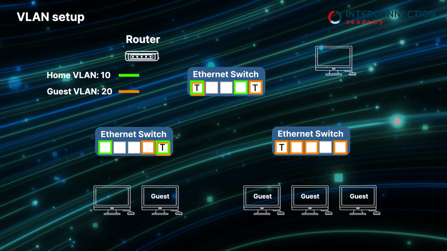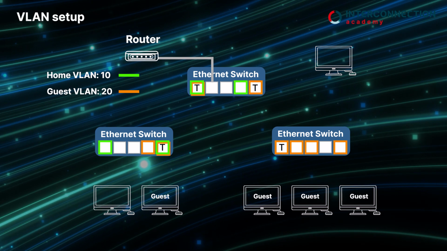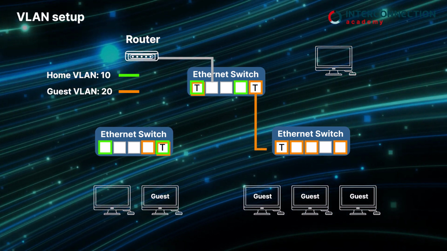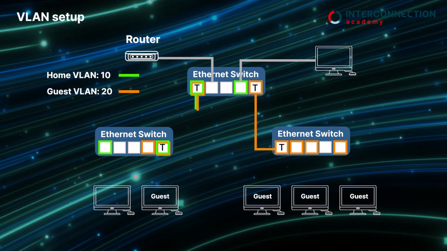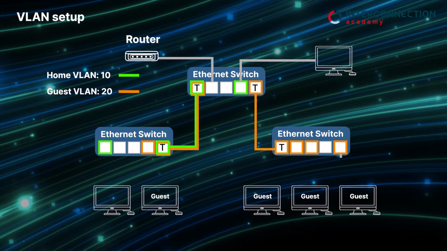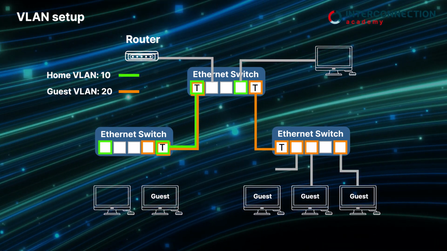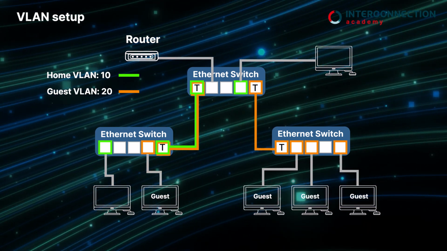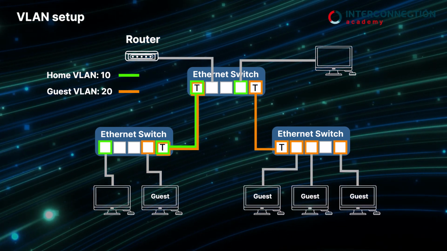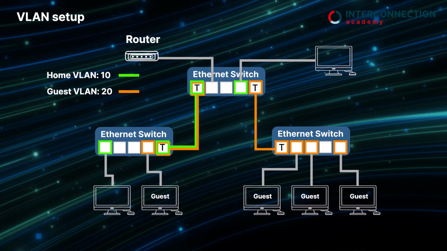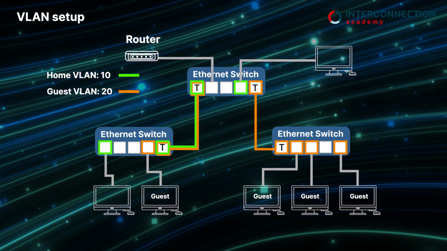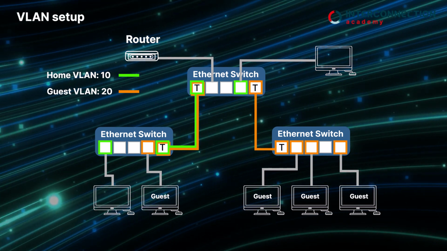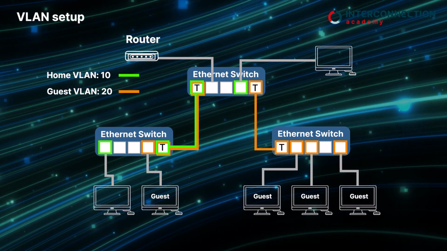The next step is to configure the interconnections between the switches. These connections are configured as trunk ports, meaning that they carry traffic for multiple VLANs. The VLAN number is included in the Ethernet frame, and configuring the trunk ports ensures the proper transmission of VLAN traffic in between the switches.